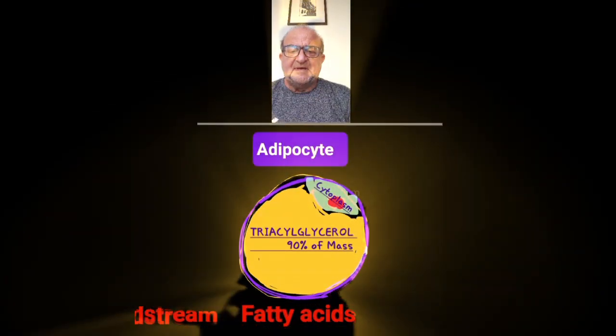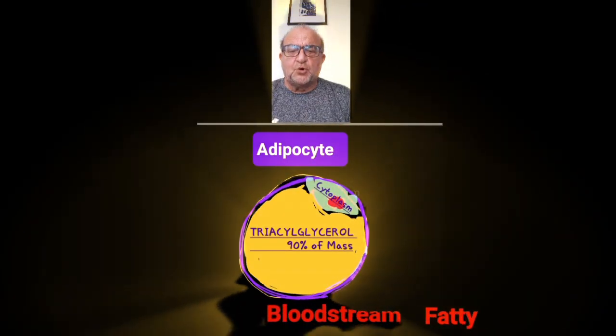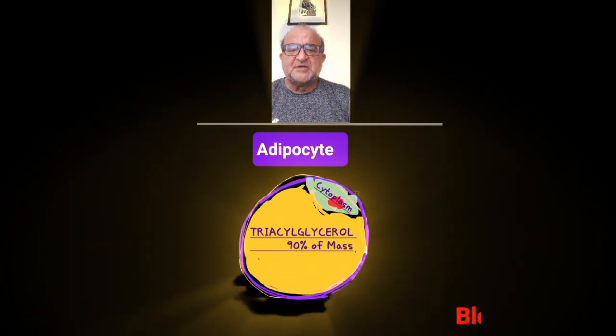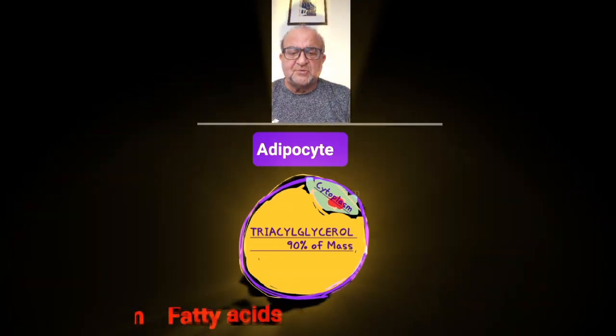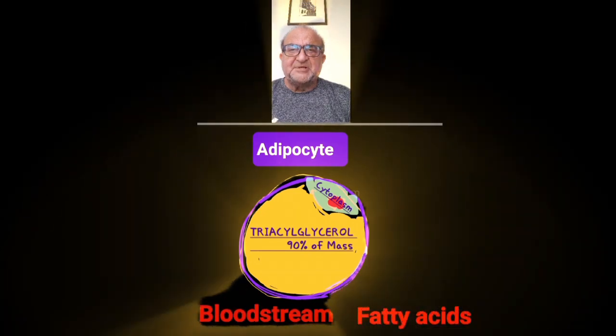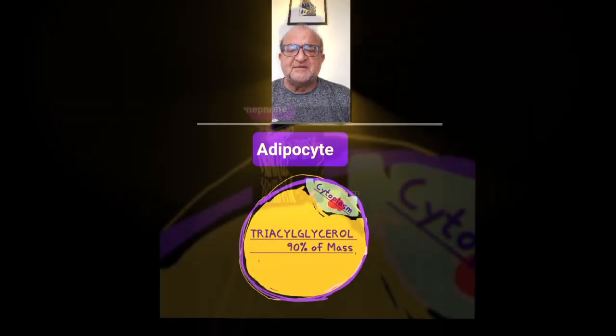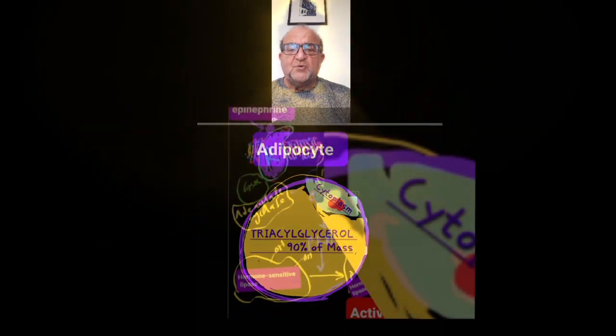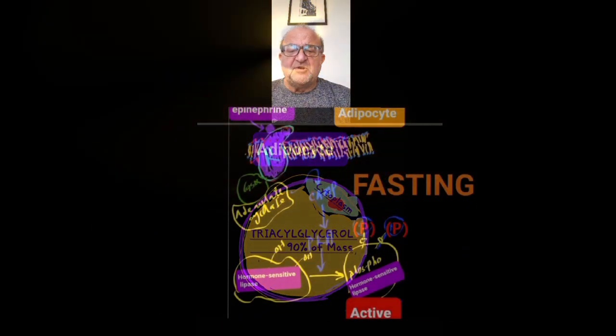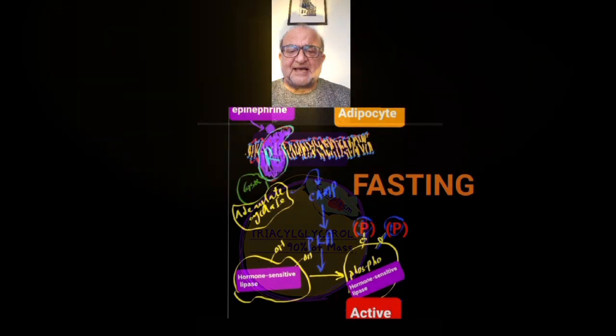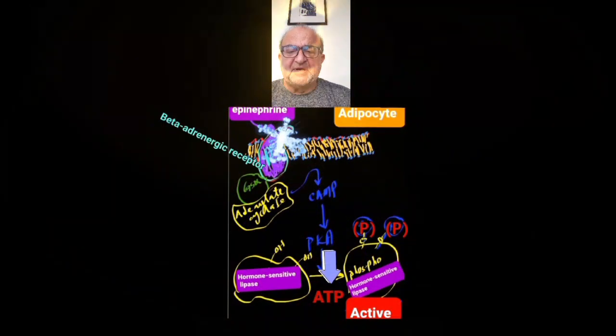Fatty acids will be derived from stored triacylglycerols in adipose tissue. This is accomplished through the activation of hormone-sensitive lipase, which is enriched in adipose tissue and is activated by epinephrine.